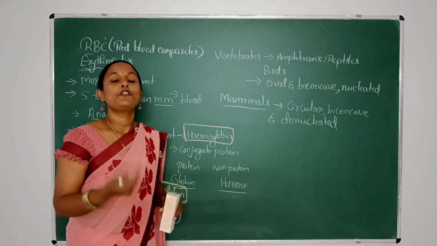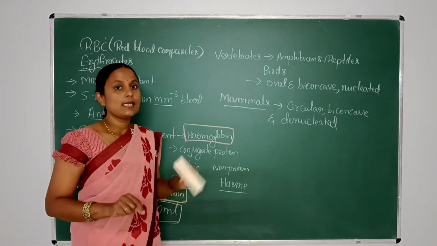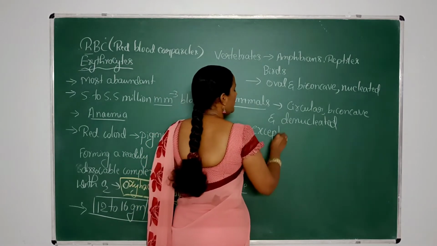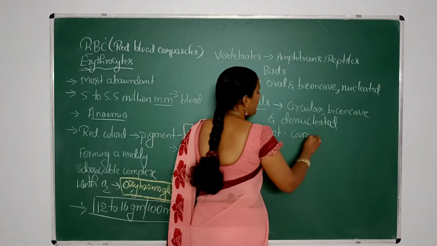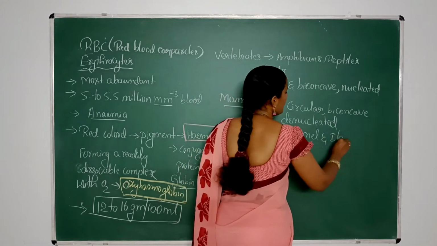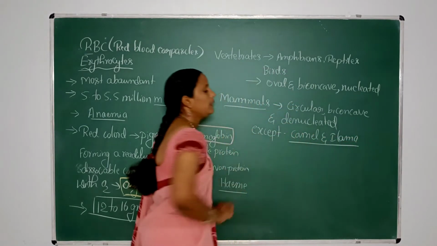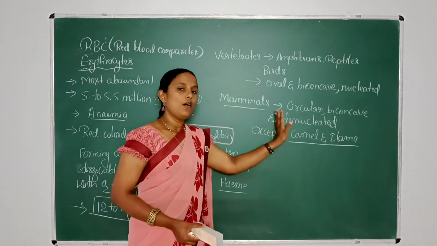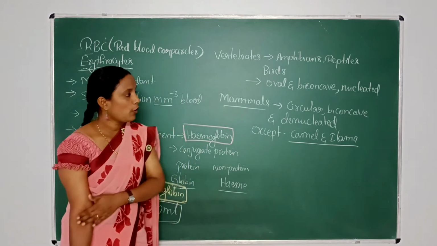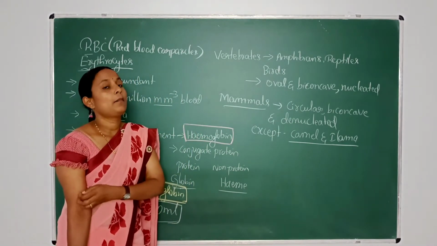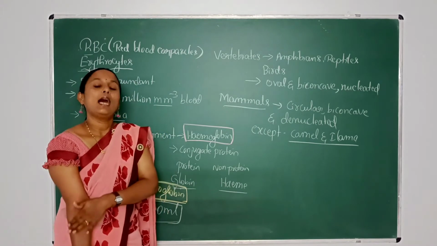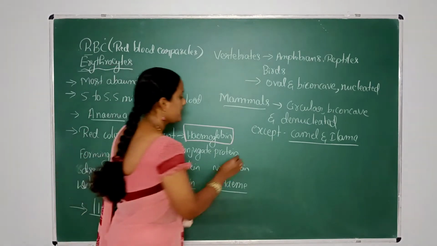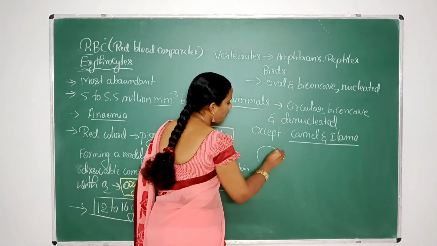That is, the RBCs of mammals are devoid of nucleus, but there are exceptions, in camel and llama. In camel and llama, the nucleus is present in the RBCs. Apart from these, all the mammals have circular, biconcave, denucleated RBCs.